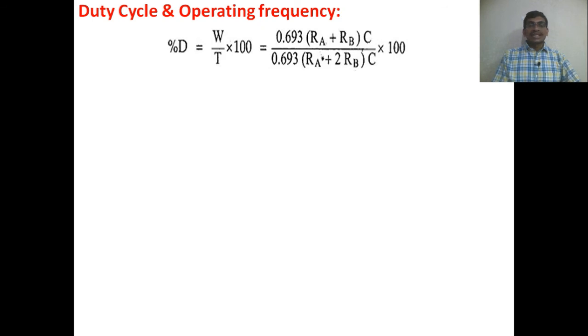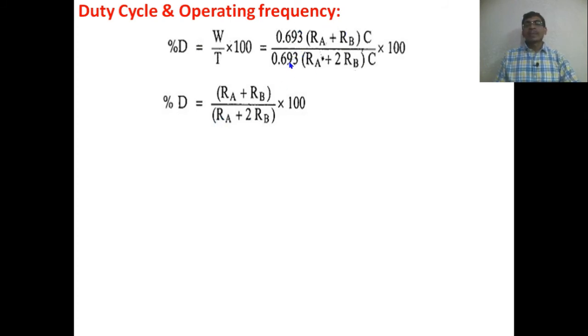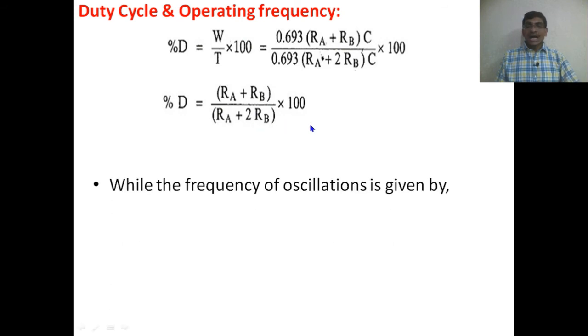The duty cycle D is equal to W by T into 100, which is 0.693 (Ra plus Rb) C divided by 0.693 (Ra plus 2Rb) C into 100. The 0.693 terms get cancelled, so the duty cycle percentage is equal to (Ra plus Rb) by (Ra plus 2Rb) into 100.